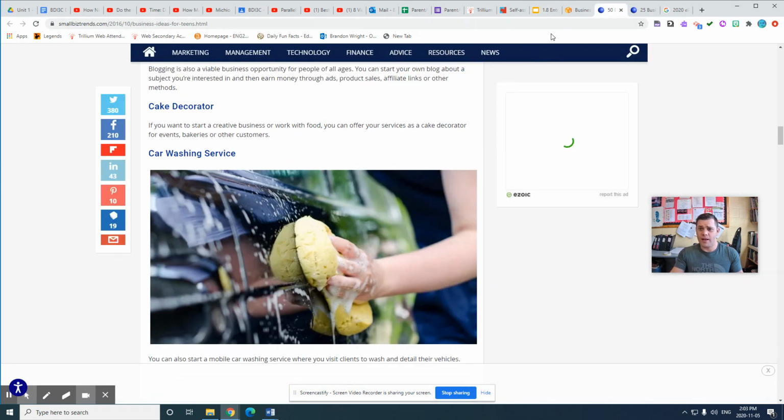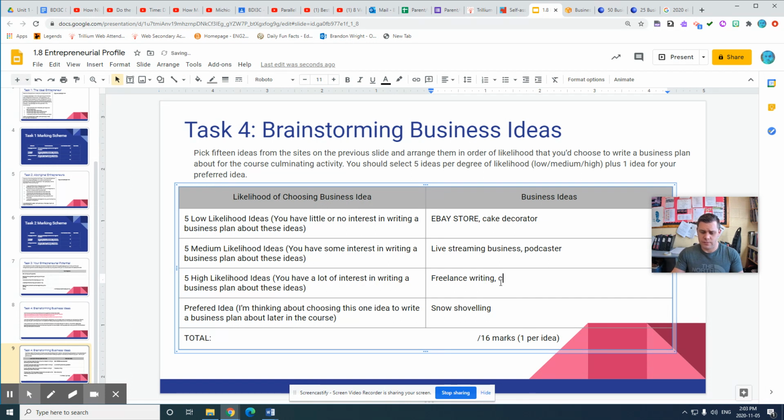Car wash service? Hell, I could do that. Easy. Be pretty hard in the winter time, but that's when I could switch over to the snow shoveling business. And then car wash or, say, lawn care in the summertime. As long as you have like a weed whacker and a lawnmower, you're perfect.